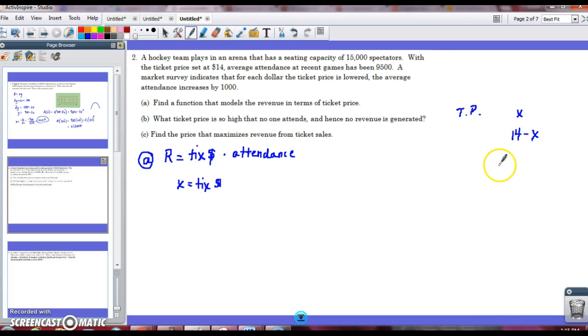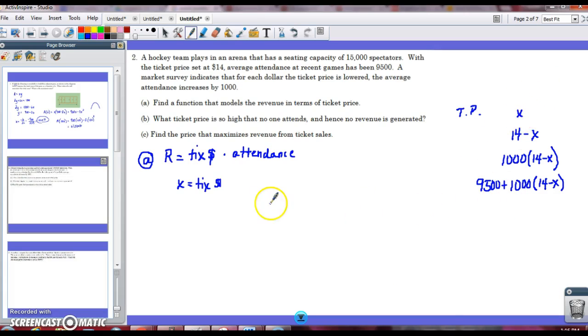The attendance increases every dollar we lower that ticket price. And so our attendance then is going to be 9,500, that was our original amount, plus 1,000 for every dollar that we lower it. Okay, so that is what our attendance is.